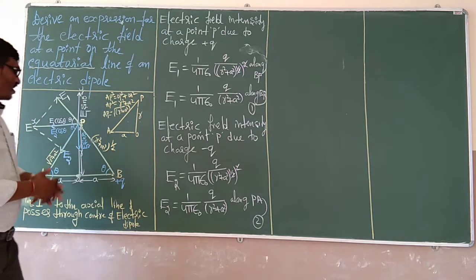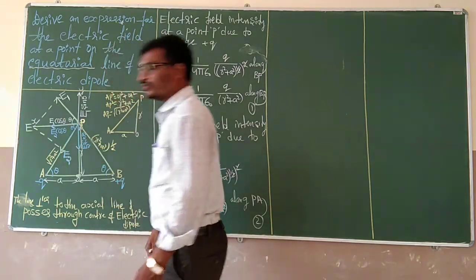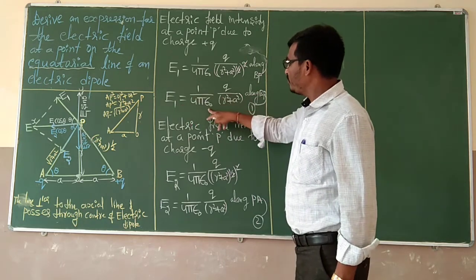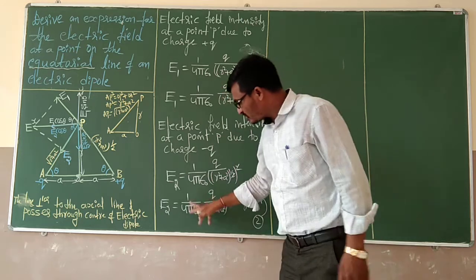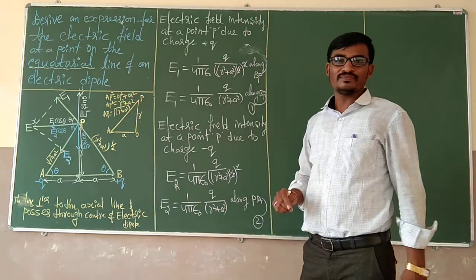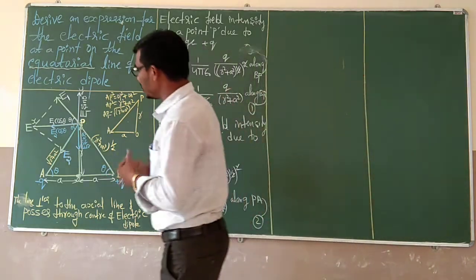One thing you have to observe here. Having the same electric field. See here, E1 value is 1 by 4 pi epsilon naught, q divided by r square plus a square. For E2 also, 1 divided by 4 pi epsilon naught, q divided by r square plus a square. Both are the same value. Then E1 is equivalent to E2.